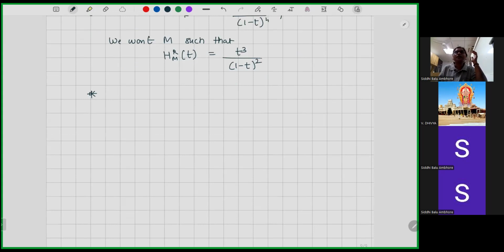We will see a quick proof of that result in tomorrow's lecture. But for now, again, we will use the result which we used last time: let F1 to Fm be a regular sequence.